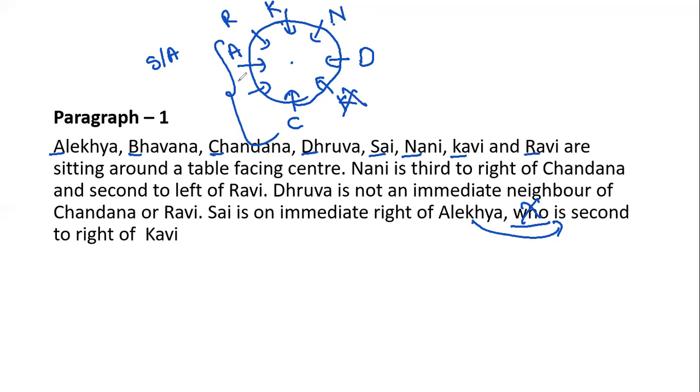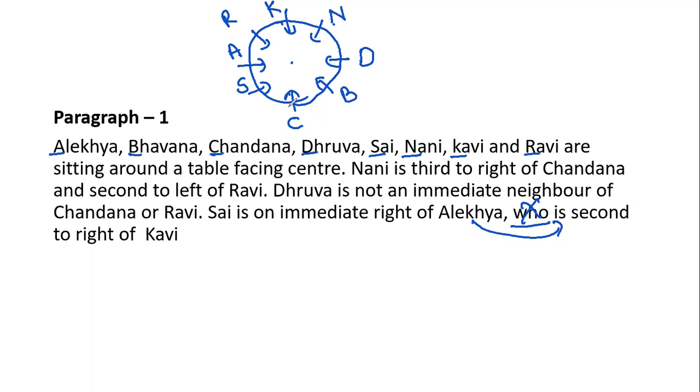If Alekhya is here, who will be coming in this position? Sai. And all the positions are occupied except this place. Who will occupy the leftover place? The leftover place is for the leftover person, that is Bhavana. So all the positions are occupied and we have followed all the conditions and completed this arrangement.